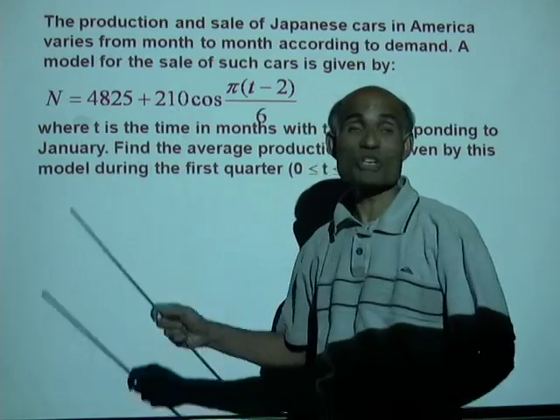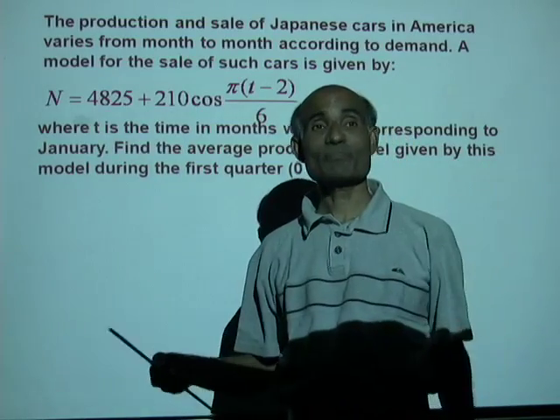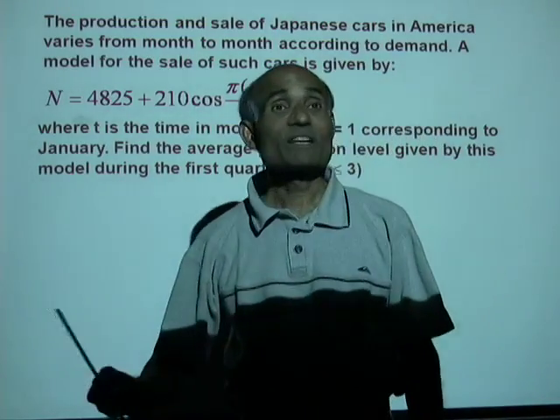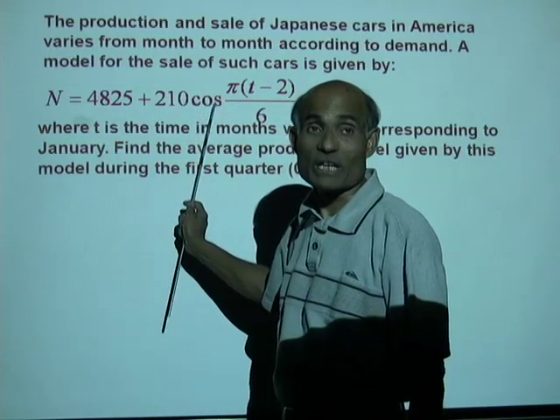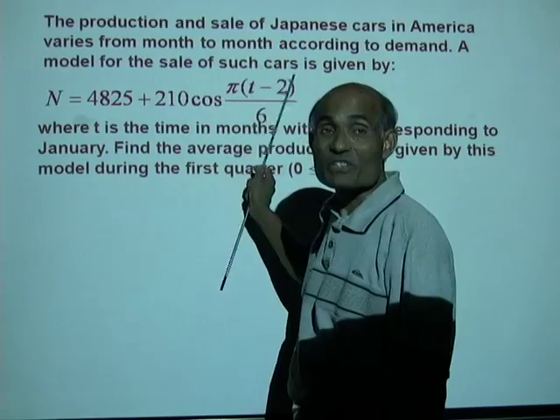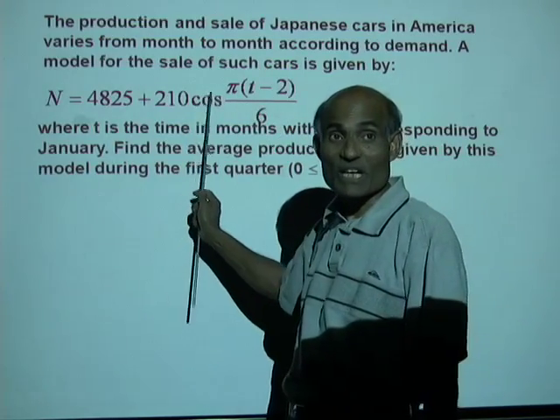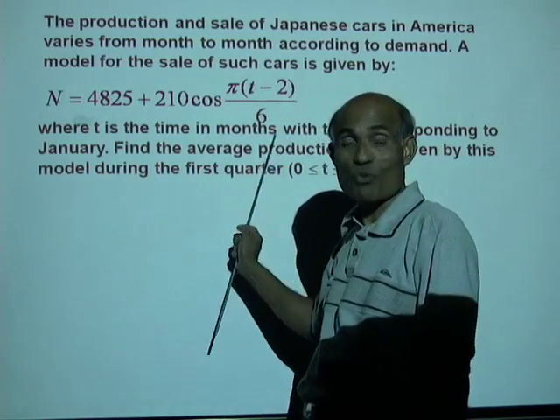Now here the function is a function of time. Now another thing that we need to understand, and use, is how do you integrate, if you have to integrate here, cosine of this quantity.